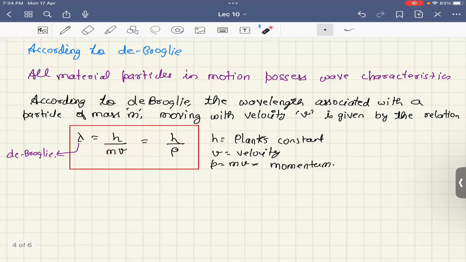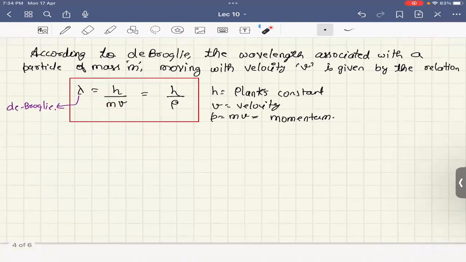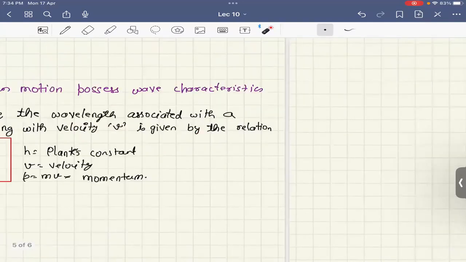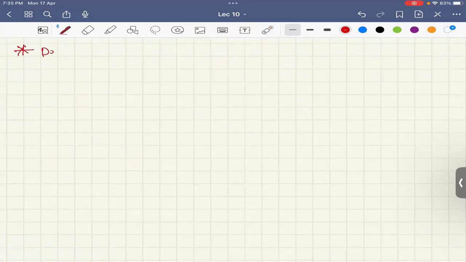Right. So now let us derive the de Broglie wavelength formula. Right. So this expression, let us derive. Derivation of de Broglie relationship.